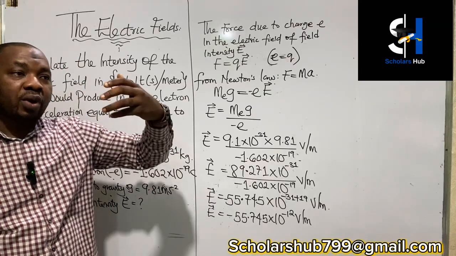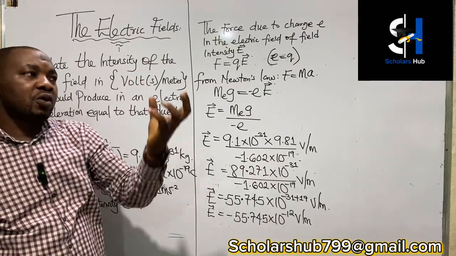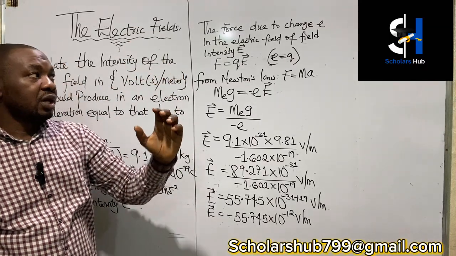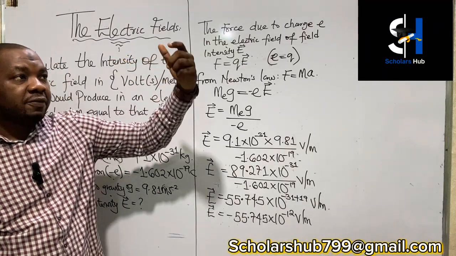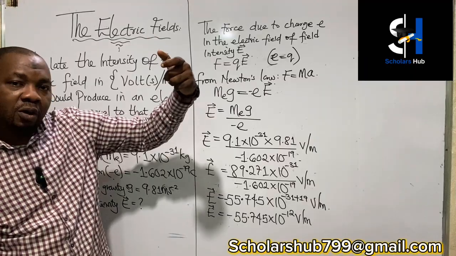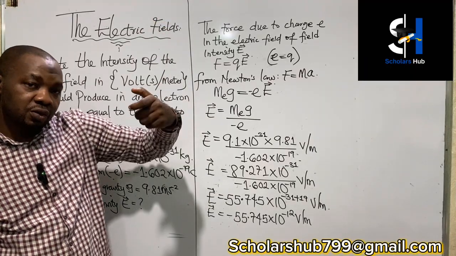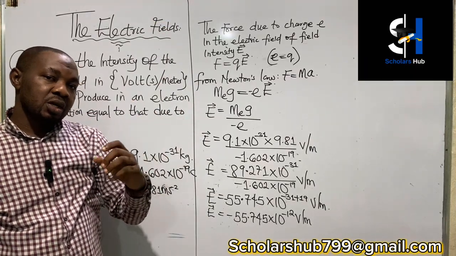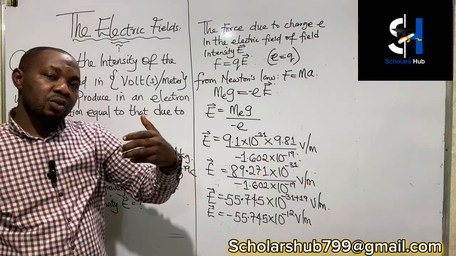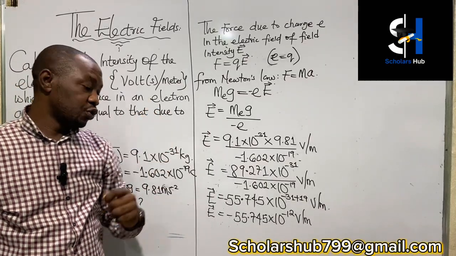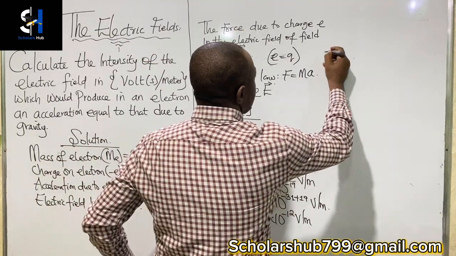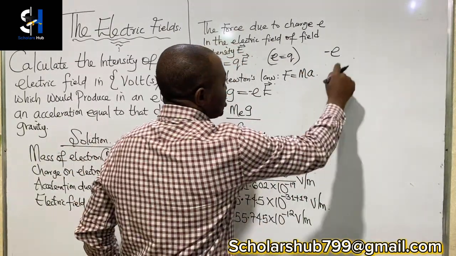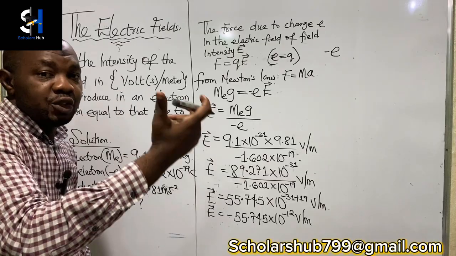When the force of gravity acts on any object existing in the gravitational field, the gravitational force will develop an acceleration on the object, which is called acceleration due to gravity. The same thing happens in this case. We have the electronic charge which exists in an electric field.